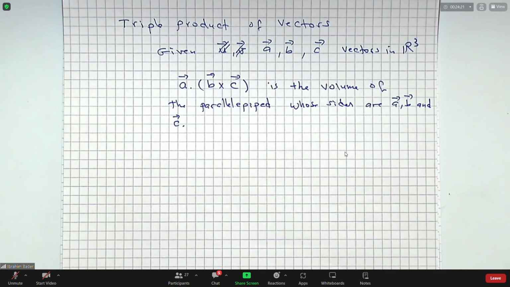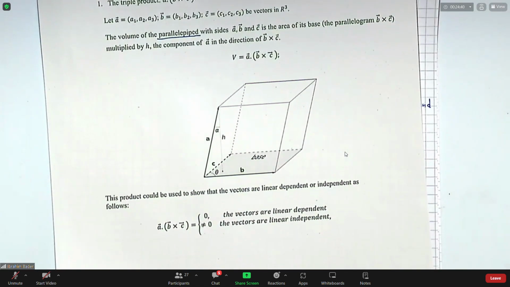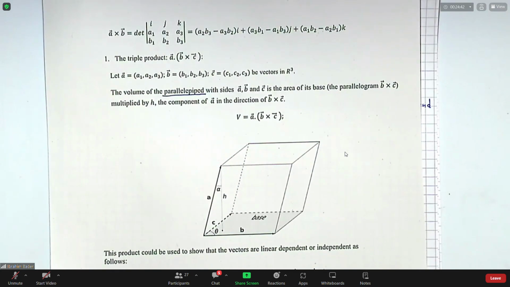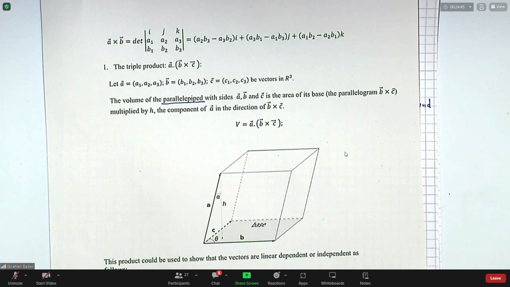So it's ultimately because here you evaluate this cross product, then you have a product which is a vector, right? Then you construct a dot product between two vectors, and ultimately you will be getting a number. Okay, so this is how this looks like. Okay, so the base here is this B and C here, and then the height is A. So this is the volume of this shape.